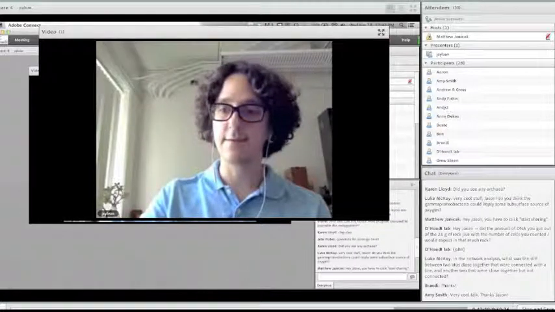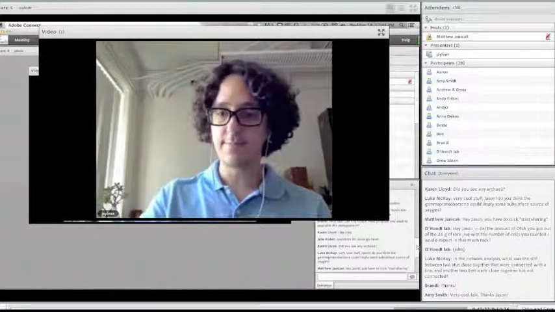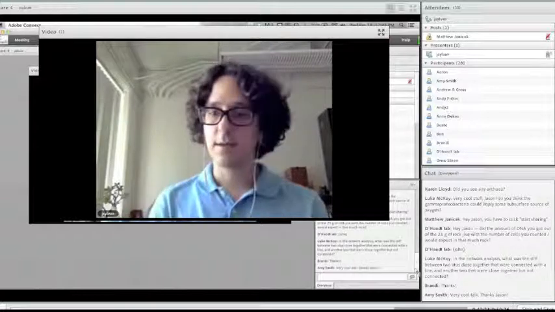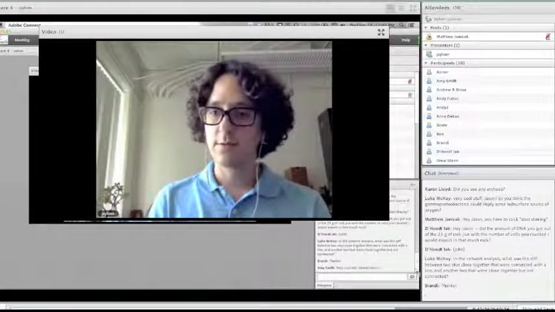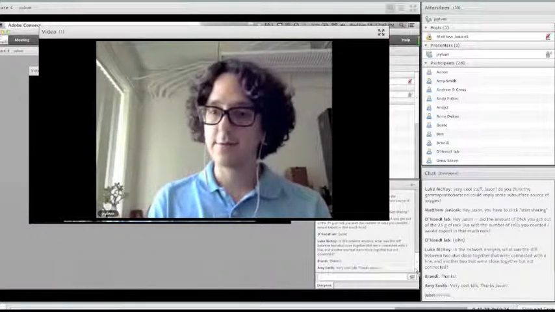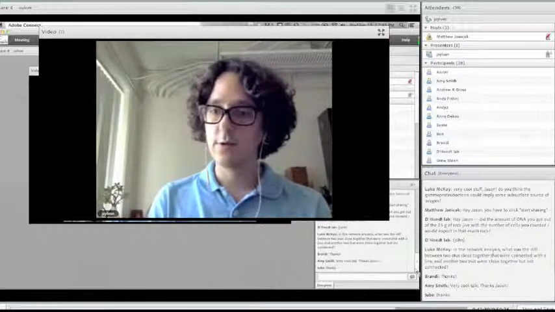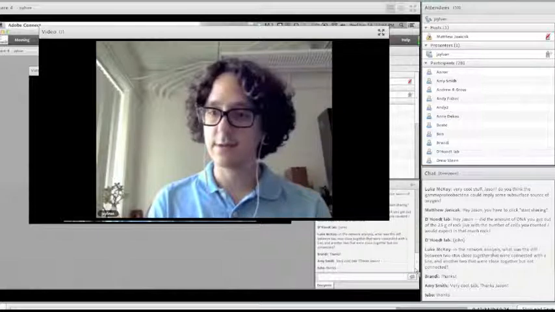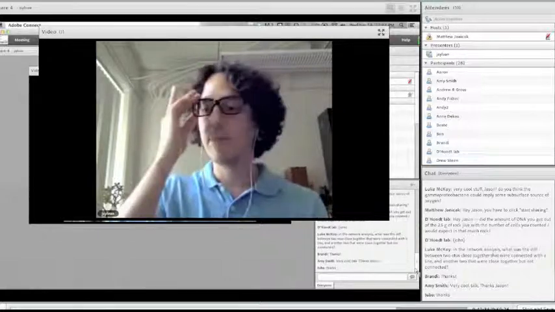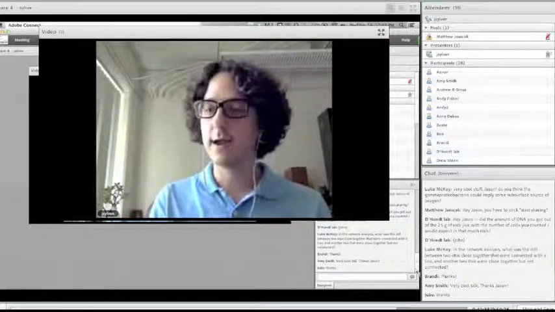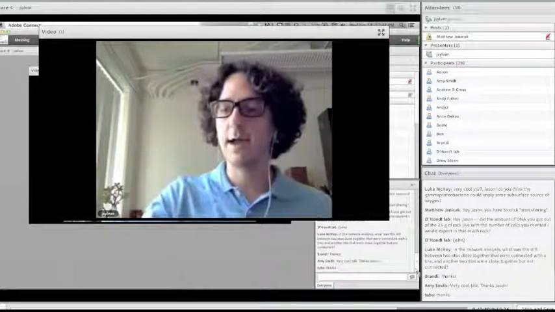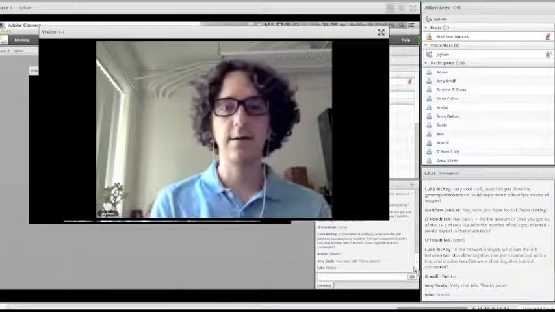Luke asks, in the network analysis, what was the difference between two OTUs close together that were connected with a line and another two that were close together but not connected? I used Cytoscape to make that figure, and the length between two OTUs is actually not informative.